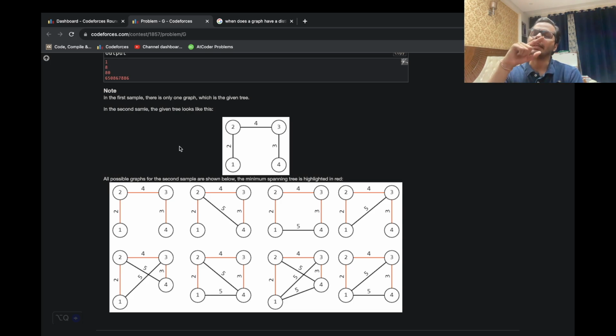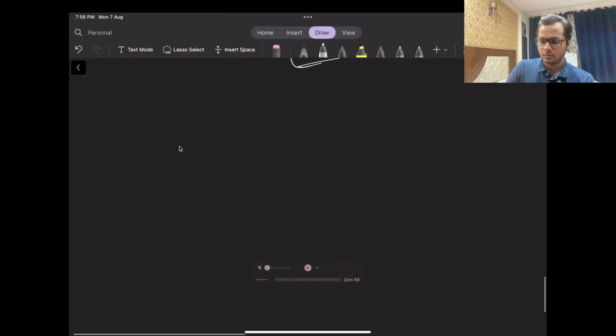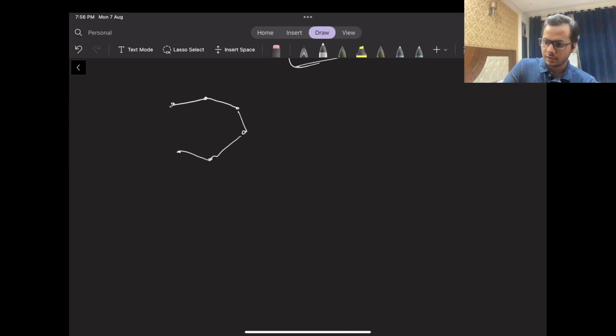If we are adding any edge in this tree, then it will be forming a cycle, okay. But we need to make sure that all the edge weights which appear in this cycle should satisfy some properties, okay. Now what are these properties? So here's the thing. Let's say we have some elements and we try to add an edge between these two elements.